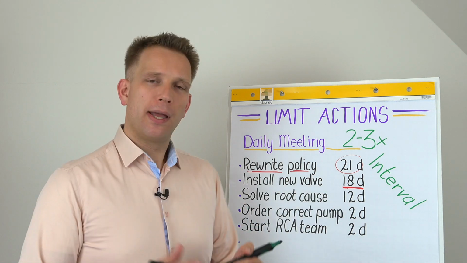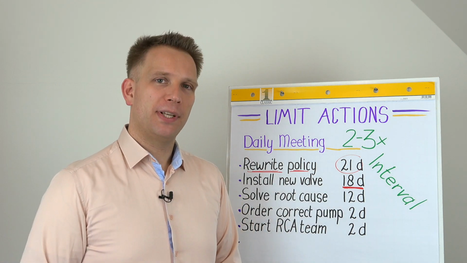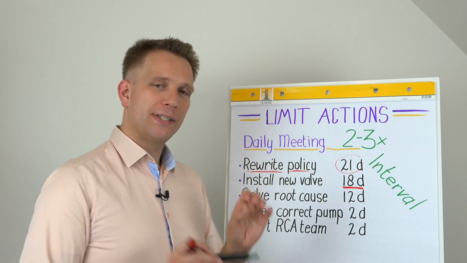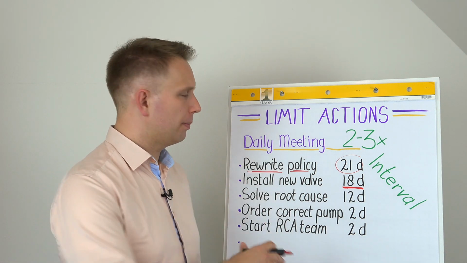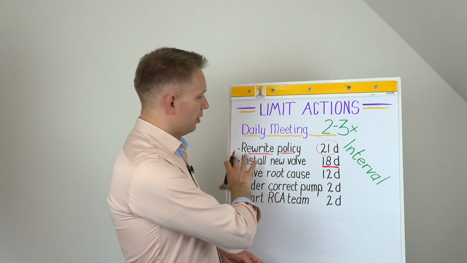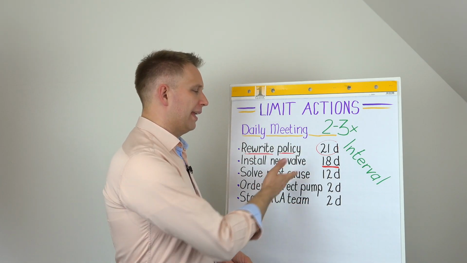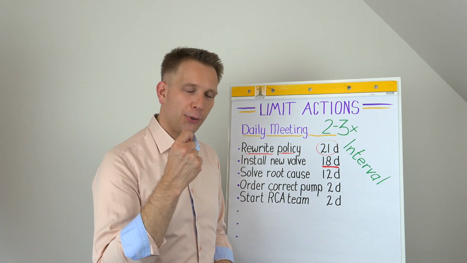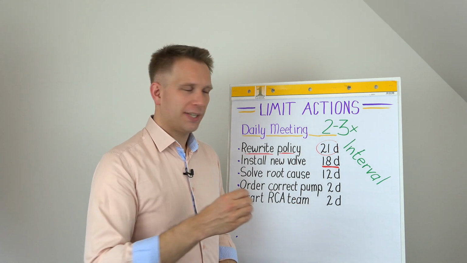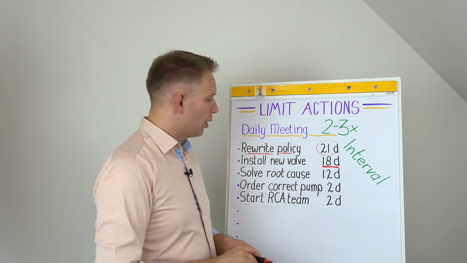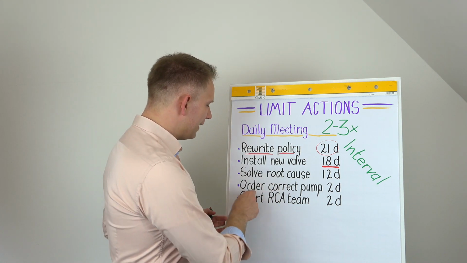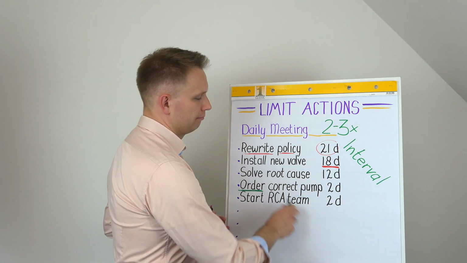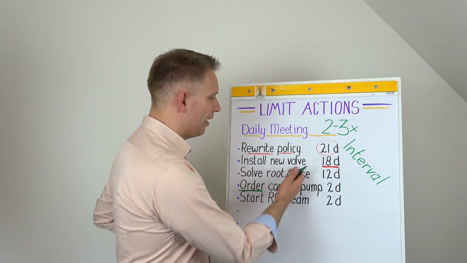And also, you probably have a different system for this. Your daily meeting is not the system to be following up such technical stuff. So when you discuss that the valve is giving you such big problems that really the daily meeting is going to start the process of getting a new valve, what you should be doing is ordering the correct pump, the correct valve.